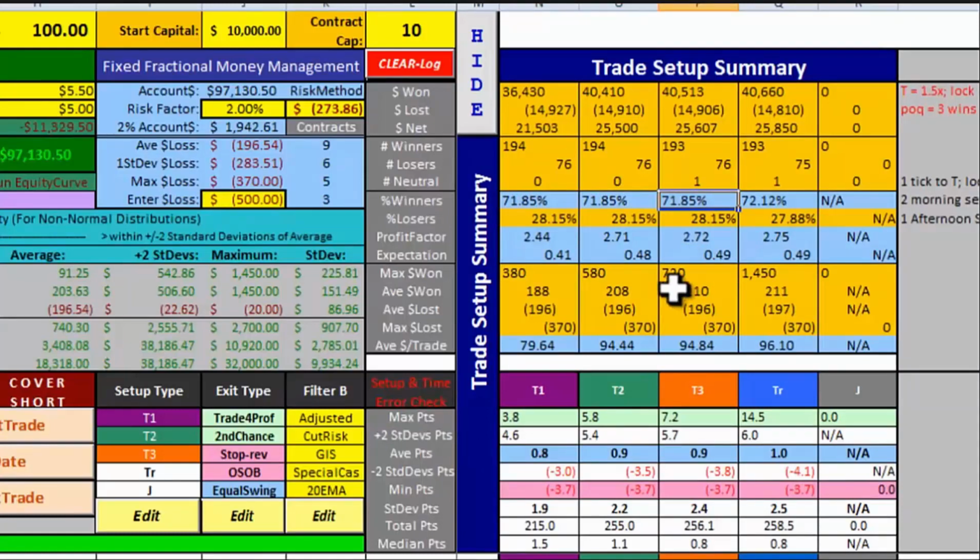That's interesting, don't you think? So maybe I don't even need target 1. Maybe I would eliminate target 1 because I'm winning the same amount to target 2 and target 3, and with a much higher profit factor and a much higher net profit per trade.